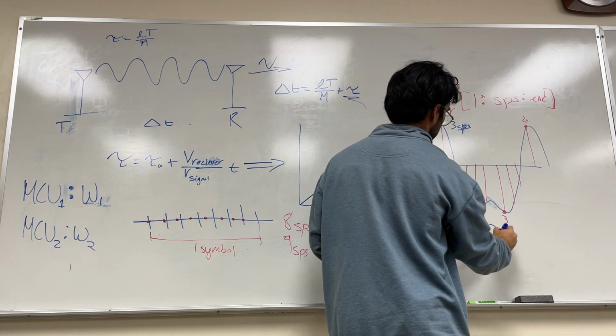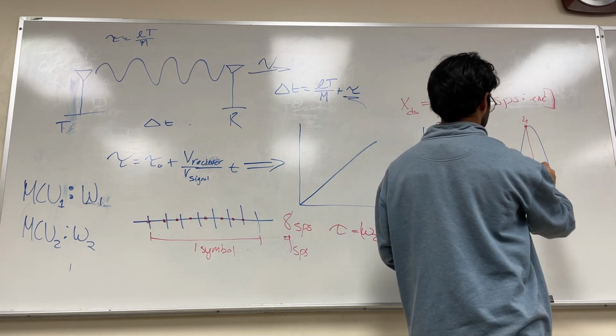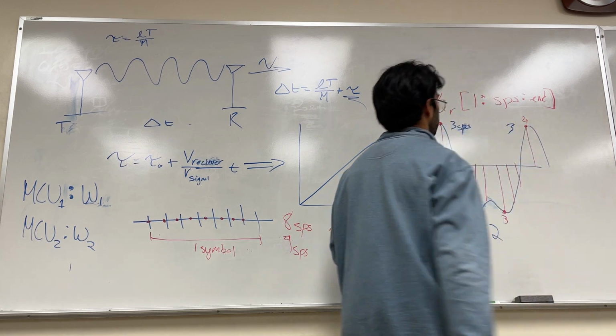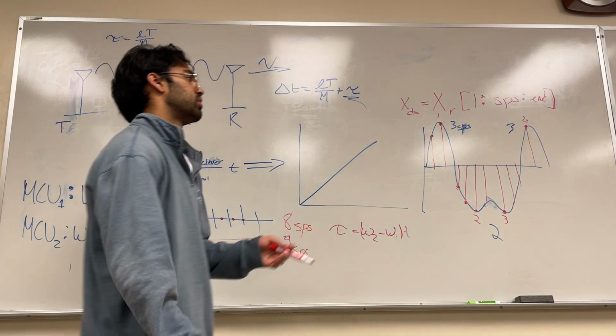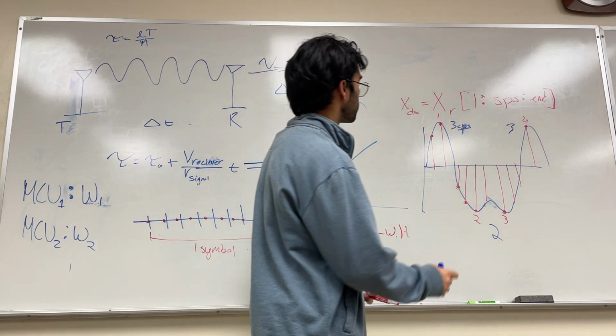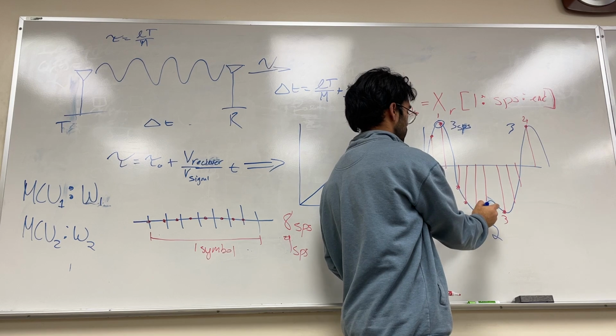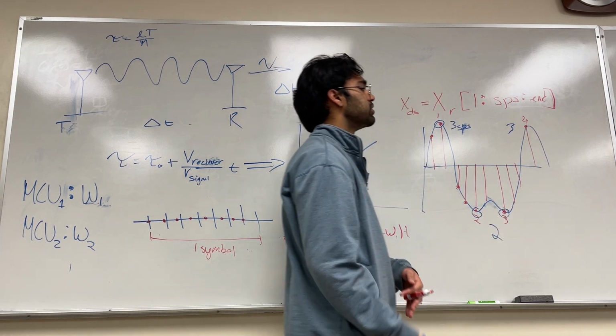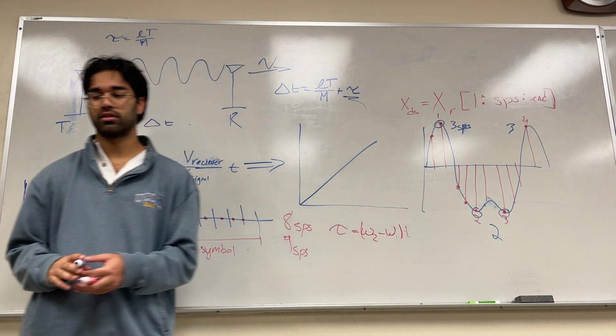This is 2. This is 3 again. All right, so that's how you could visualize that if you were to pick the best points. So we need some scheme to pick the right samples.